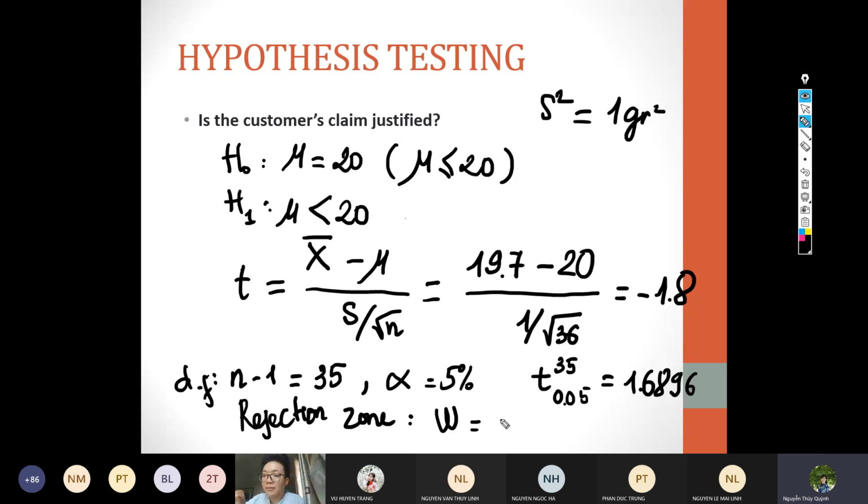The area where we reject the null hypothesis. T smaller than minus t alpha, that is, t smaller than minus 1.69. Okay, good. So the rejection zone will be from negative infinity to minus 1.6896.